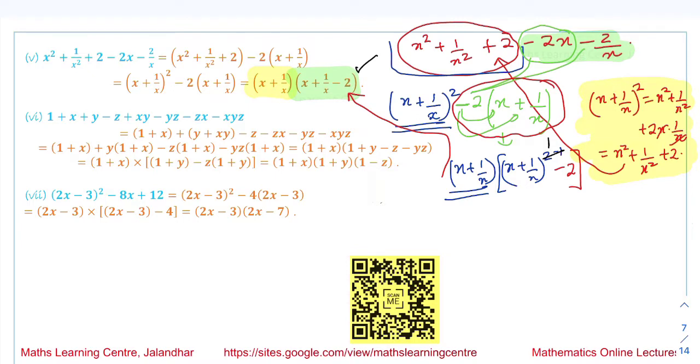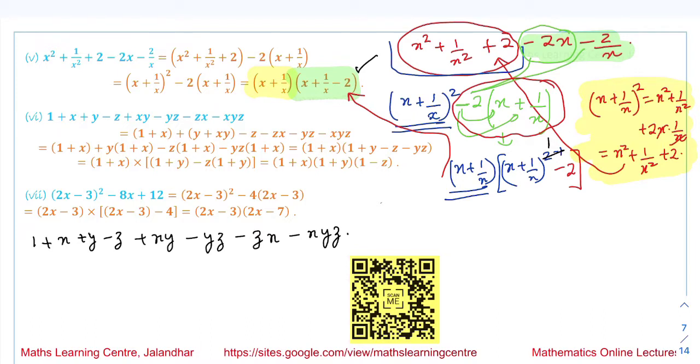Now in the next question we are given the terms: 1 plus x plus y minus z plus xy minus yz minus zx minus xyz. So we have to see how we are going to make the grouping.